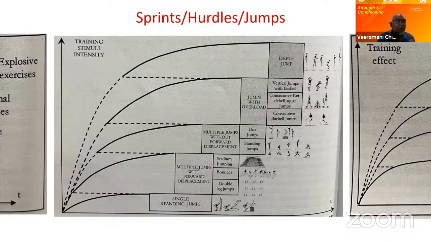So be mindful when you make selections of exercises. Of course, there's a variety of exercises which can still be done and still have the same output, just like how Mr. Akavit shared yesterday with the sprinter. We're doing basic exercises and can still achieve performances. So again, that's very important to look at. And of course, ultimately, we move into depth jumps, which is quite a demanding exercise.